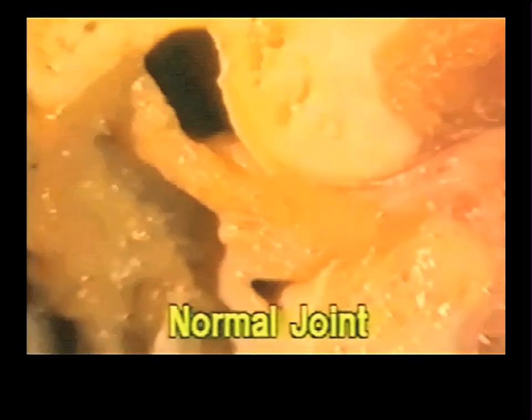The posterior band of the disc is situated superior to the condyle. The posterior attachment is a little bit thinner and longer than seen in an absolutely normal joint. The lower head of the lateral pterygoid muscle is seen here, and this is the superior head. This is a normal temporomandibular joint.